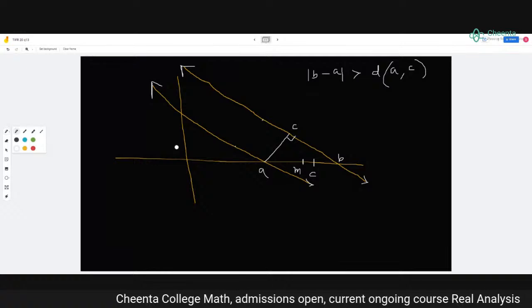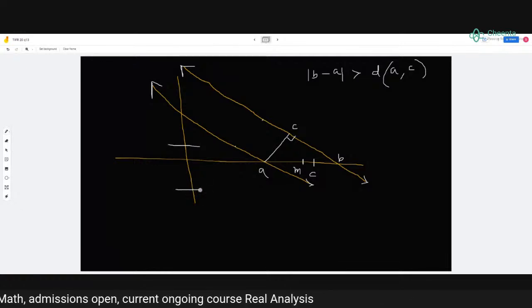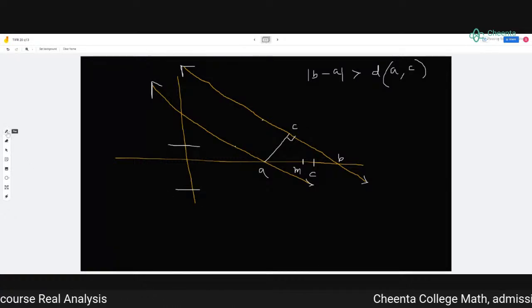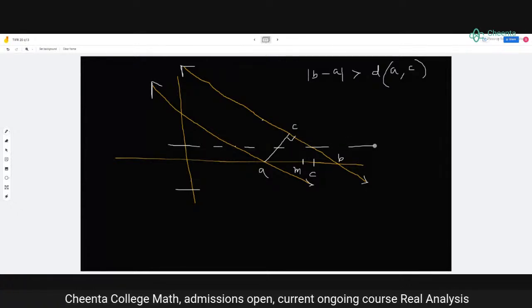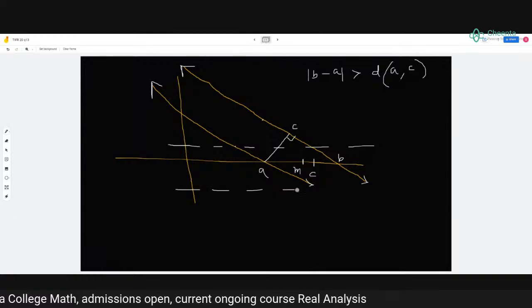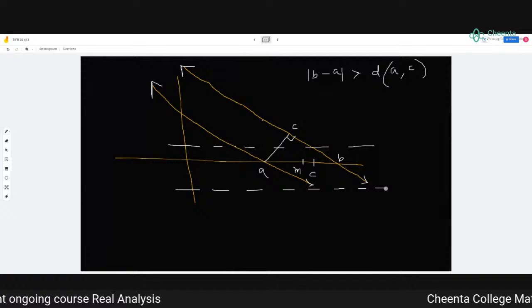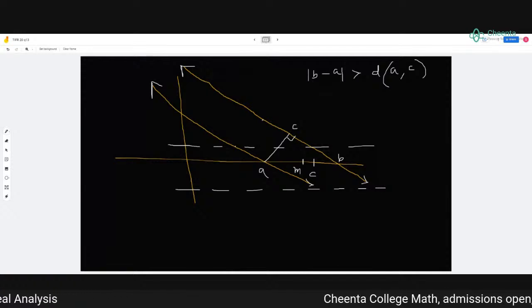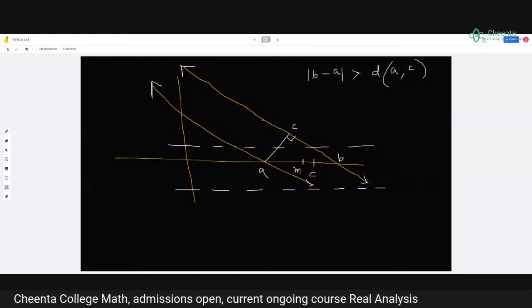We will pick a horizontal stripe, let's say starts here, ends somewhere here, such that it contains an integer in the intersection point of these two stripes. And this choice can be made thoroughly because we have proved that any horizontal stripe of width greater than 1 will always contain an integer point.